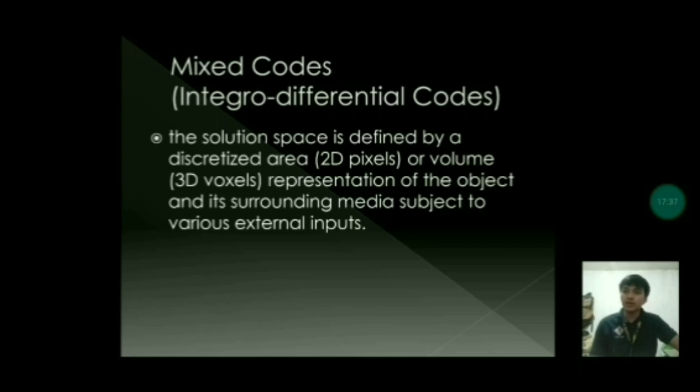One of the three is the mixed codes: differential codes, or a mix of integral and differential equations. The solution space is defined by a discretized area, 2D pixels, or volume, 3D voxels, representation of the object and its surrounding media subject to various external inputs.